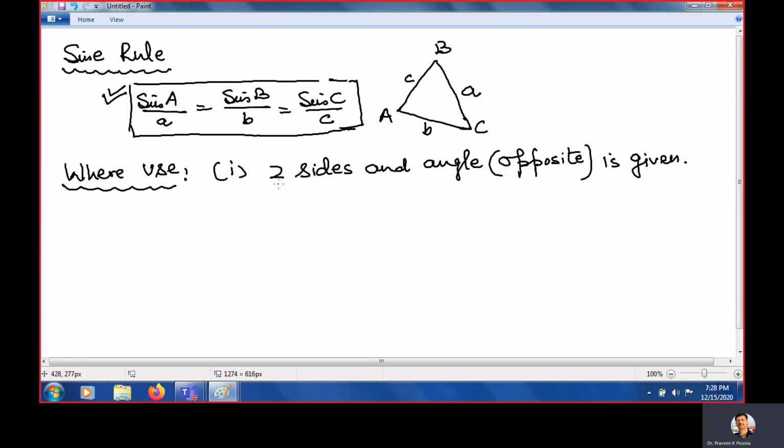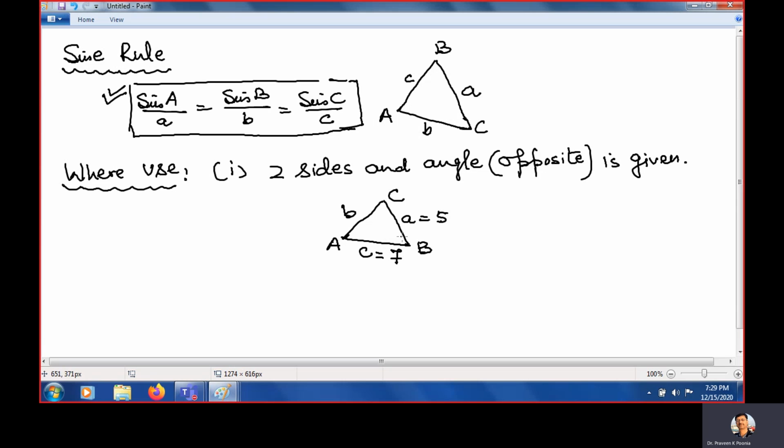If two sides are given and an angle, but the opposite angle is given. For example, this is the triangle, this is side a, this is angle A, this is angle B, this is angle C. Let us say this side is given as 5 and this is given as 7.